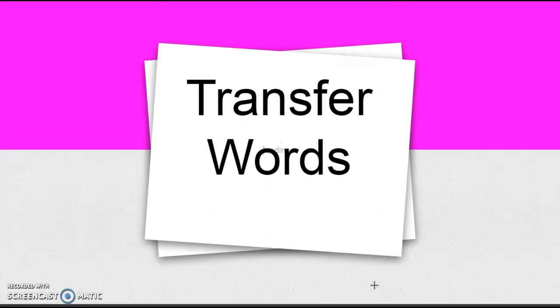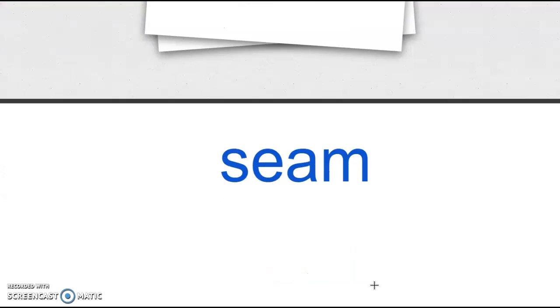Fantastic. Our next section is transfer words. You guys got this. Our first word is seam. I would like you to point to the letter below that begins the word seam. I hear the S sound. Looking at our letters below, which one makes the S sound and matches the first letter of our word seam?